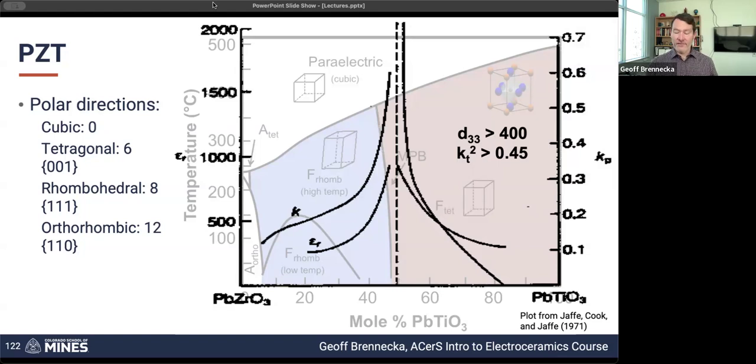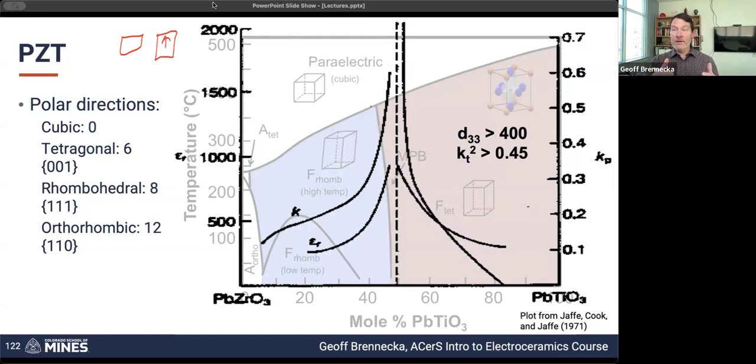A bit more quantitative version of that is that if you look at the possible polar directions, so we talked way back when we were talking about symmetry, about when we go from cubic to tetragonal, now we have a polar direction along what is now the long axis, the c-axis. That c-axis can be pointing in any of three directions.